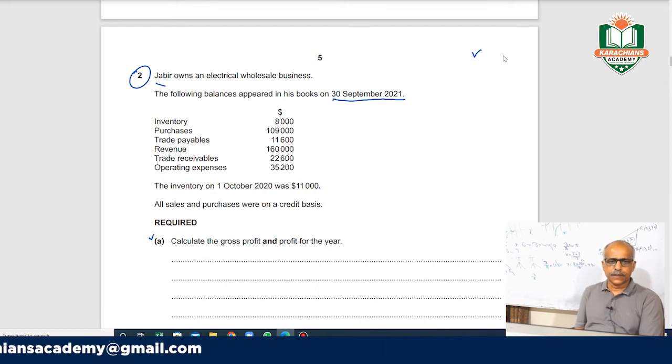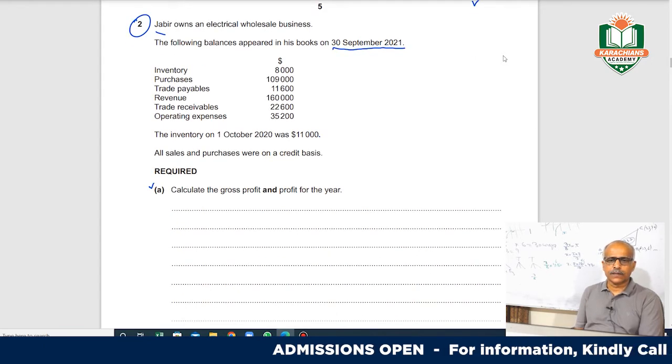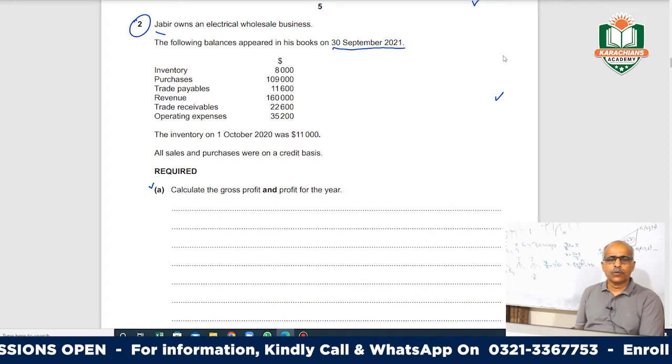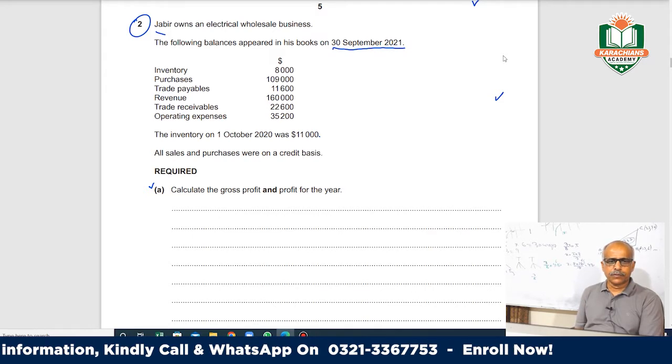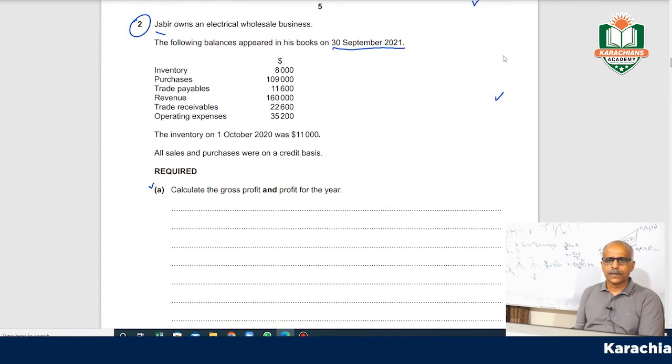Purchases were 109,000. Trade payables 11,600. Revenue 160,000. Trade receivables 22,600. Operating expenses 32,500. This is the requirement as on 30th September 2021.